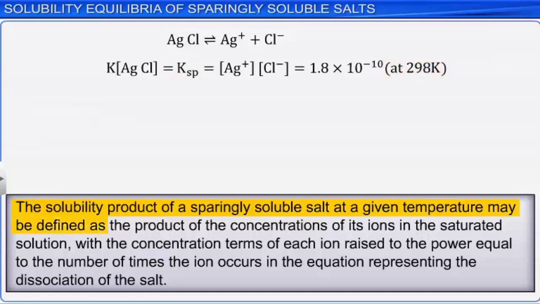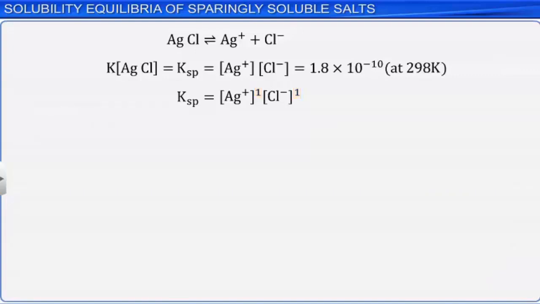The solubility product of a sparingly soluble salt at a given temperature may be defined as the product of the concentrations of its ions in the saturated solution, with the concentration terms of each ion raised to the power equal to the number of times the ion occurs in the equation representing the dissociation of the salt.